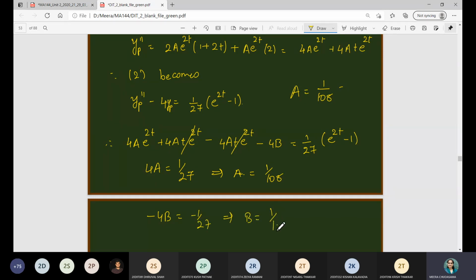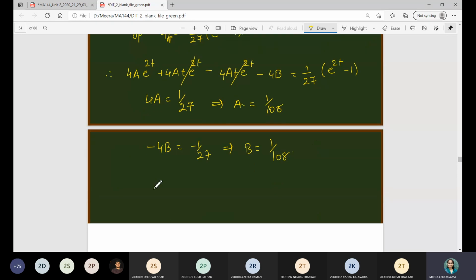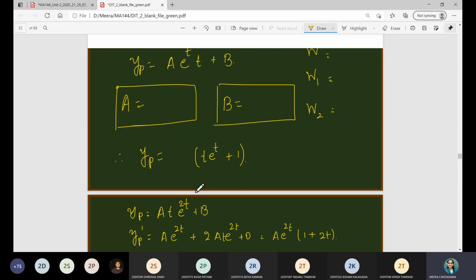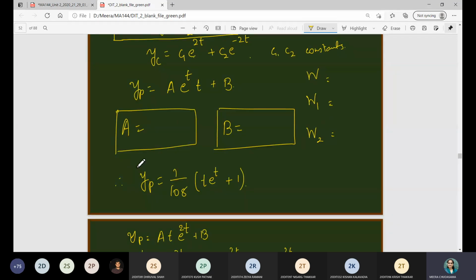B is also the same as A, A equals 1/108. So that's why yp will be this one.